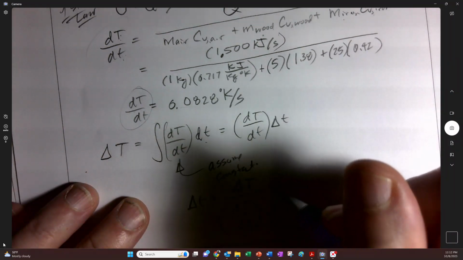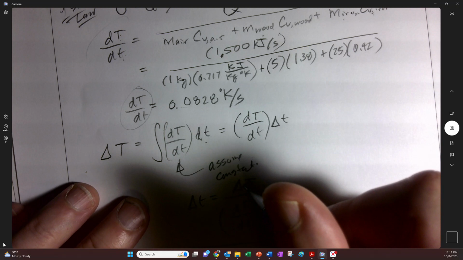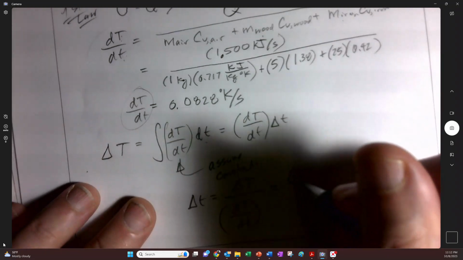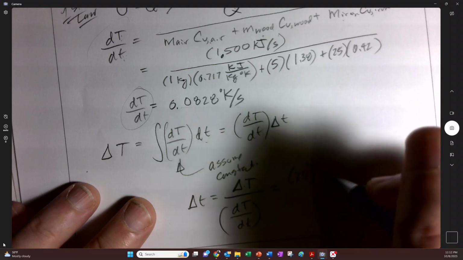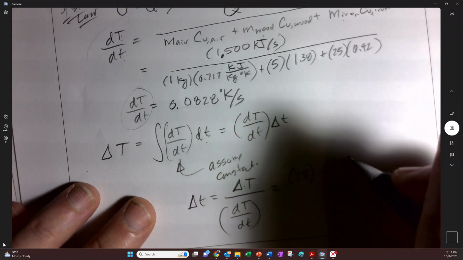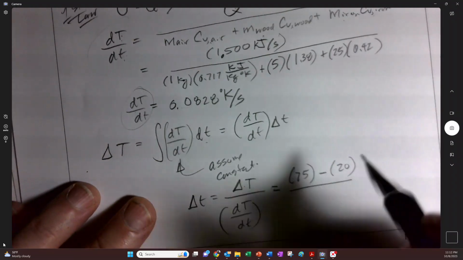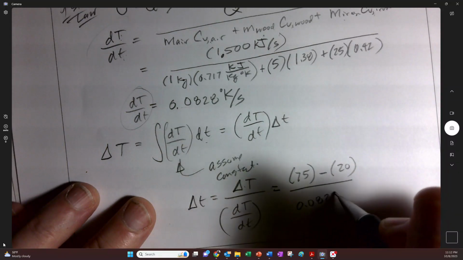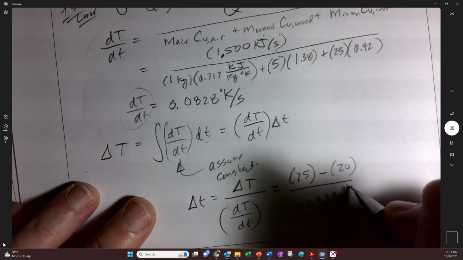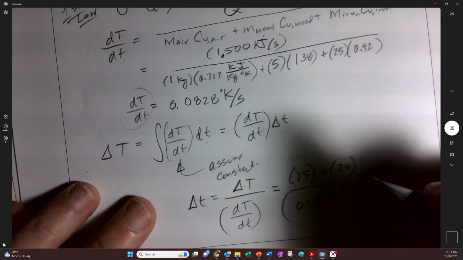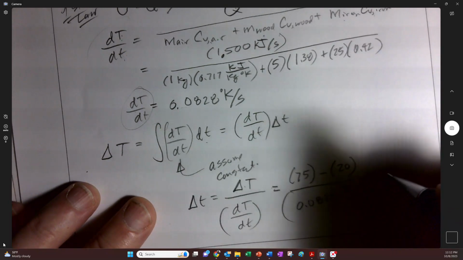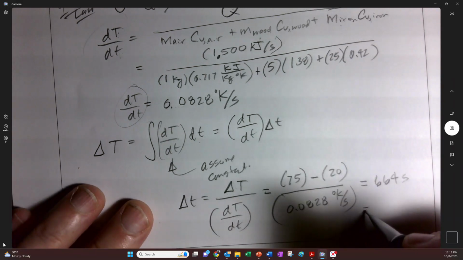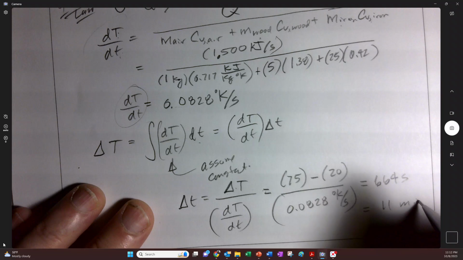So they want to know how long it will take to go to 75 degrees. So 75 minus, it started out at 20 degrees. Here's my delta T. And we divide it by 0.0828 degrees Kelvin per second. And you get 664 seconds, which turns out to be 11 minutes.